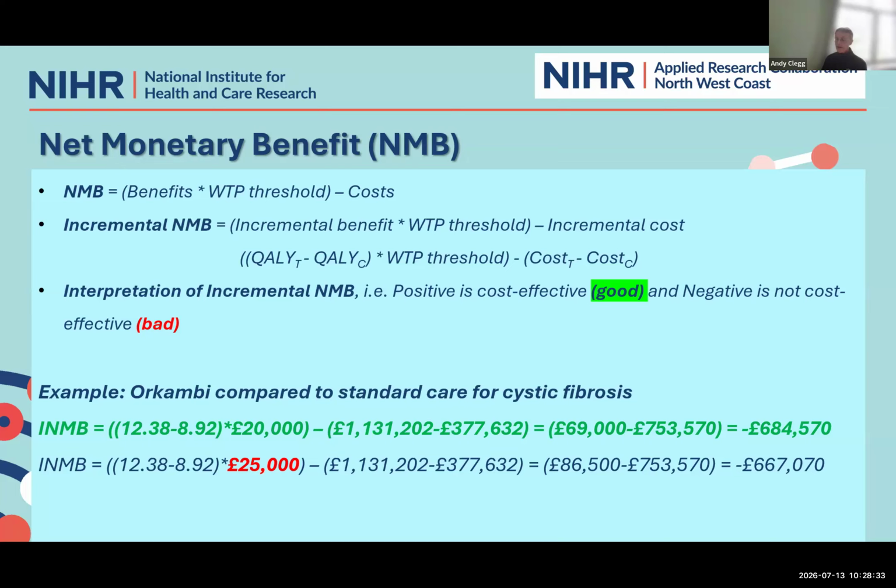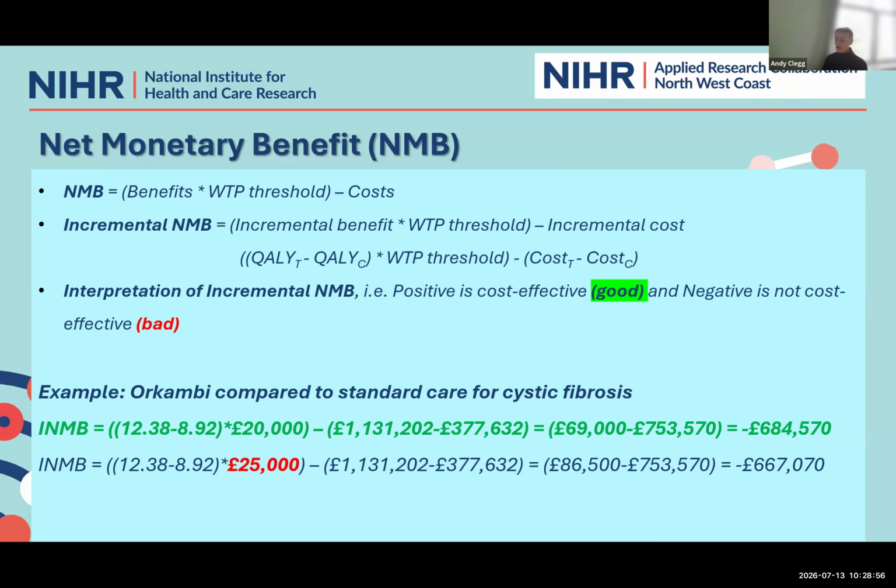Going back to that example, the one in green is the one that NICE actually made their decision based on, and then I've just calculated again using the new threshold. So it makes very little difference, because you can see that it has a negative £600,000 net monetary benefit associated with it.